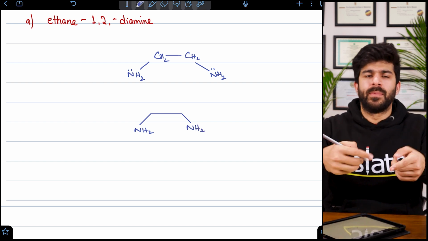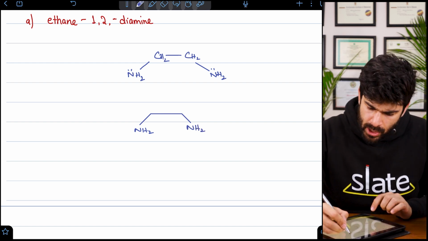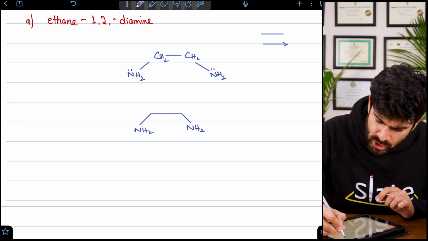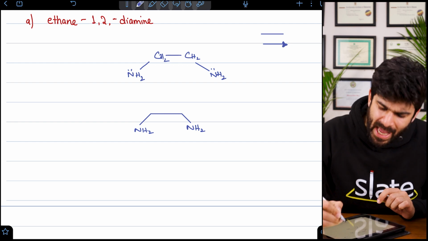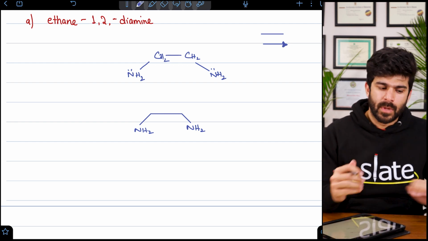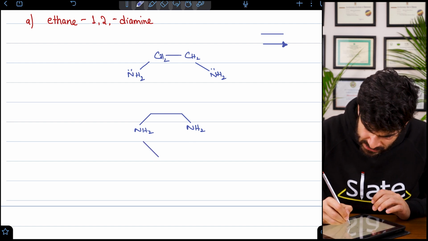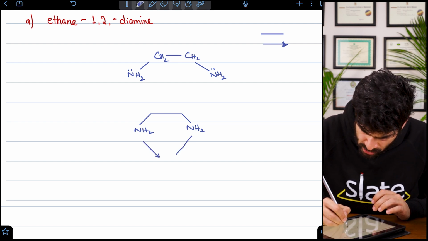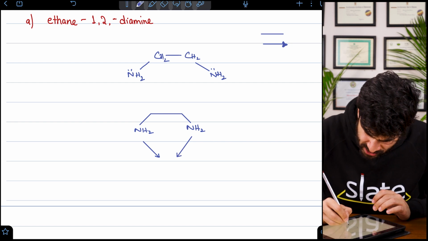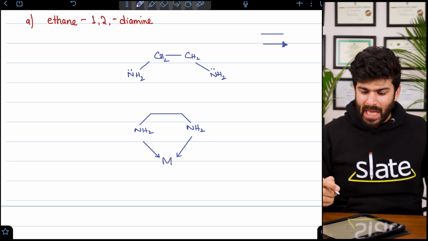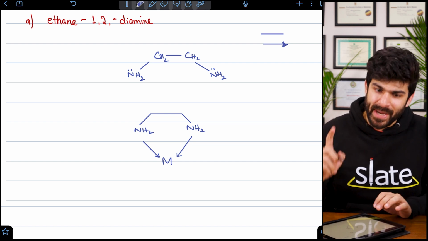And remembering the older concepts, normal bond is shown this way, while a dative covalent bond is shown with an arrow, because an arrow is transferred. So in this case, students, this will make a bond with central metal atom or ion this way, with arrows. So as you can see, it can make two.